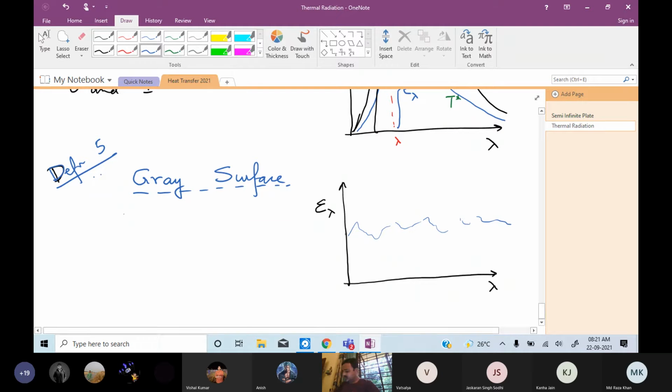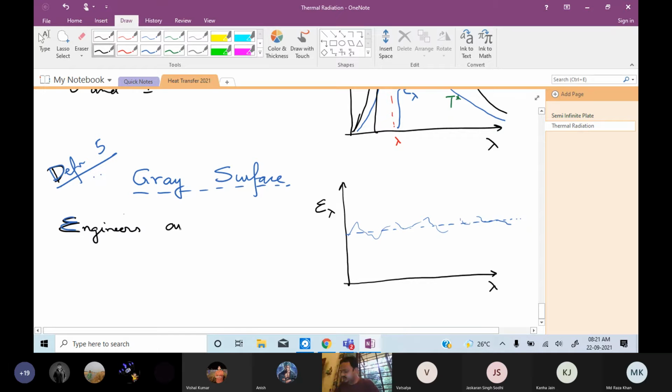So what we do is, this is an engineering approximation. It says that if we take just the average, then it's called a gray surface approximation.